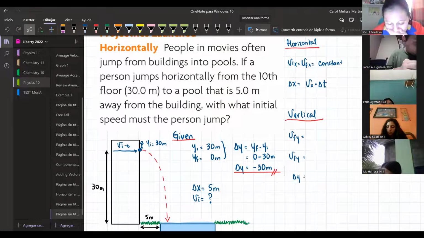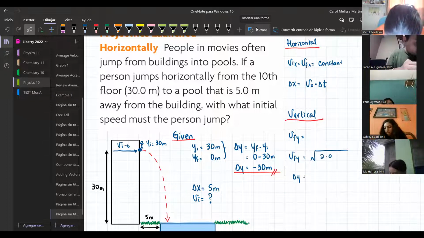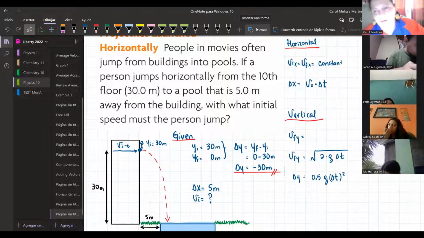Remember the second one was 2 times gravity, delta t. I remember delta y was 0.5 gravity, delta t square. And I forgot the first one.